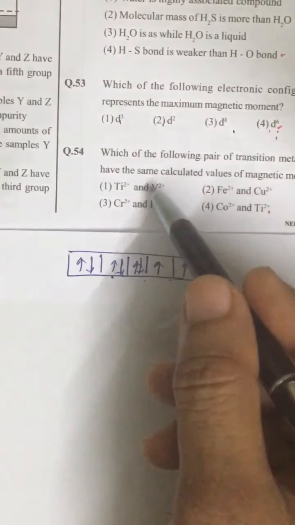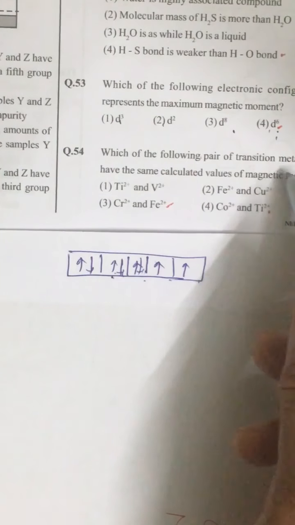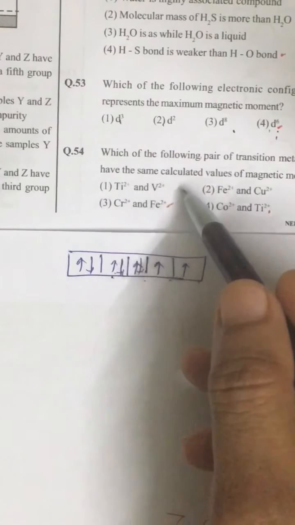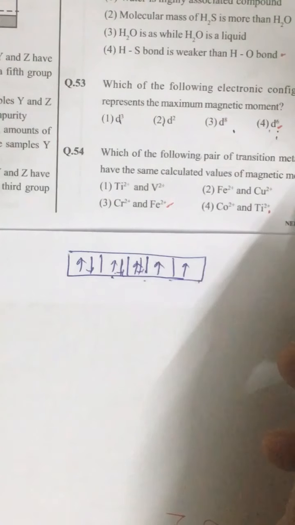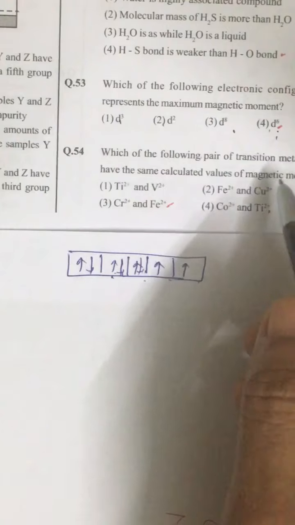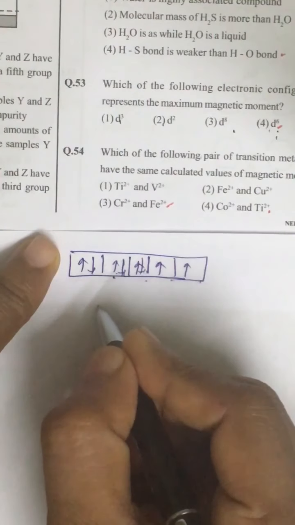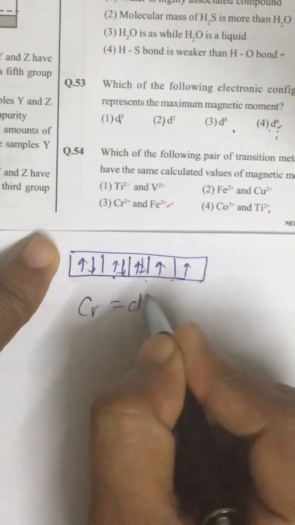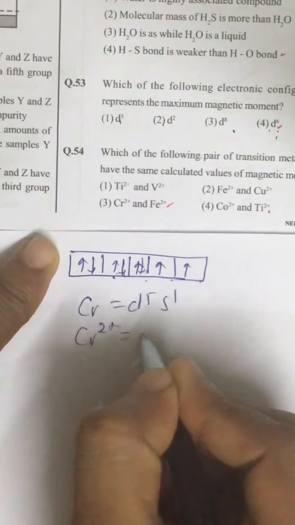Question number 54. Which of the following pairs of transition metal ions have the same calculated value of magnetic moment? So it is chromium 2 positive. Look at Cr2+. Cr is d5s1, so Cr2+ becomes d4.